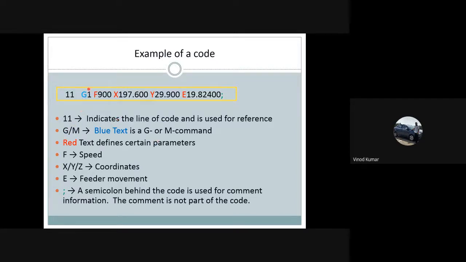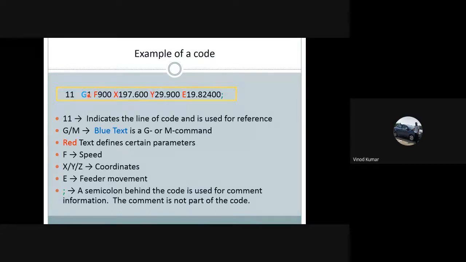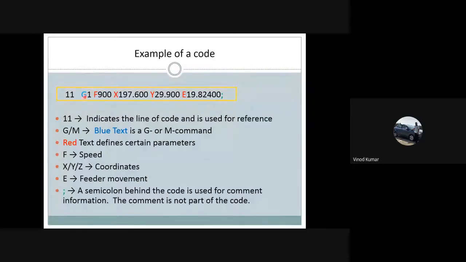Now here G1 is given. This G1 or G01, which we use in CNC machines with software like Siemens or Fanuc, represents a linear movement. So here G1 again represents the linear movement, and whatever is highlighted in red defines certain parameters.